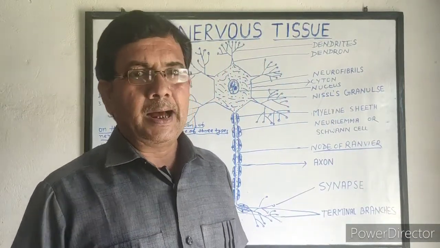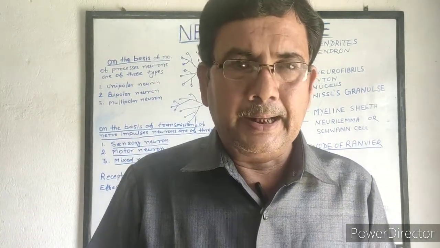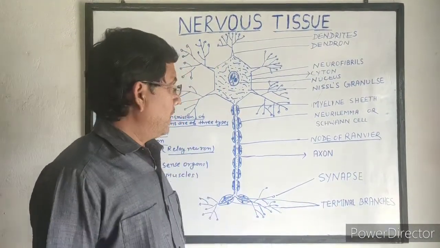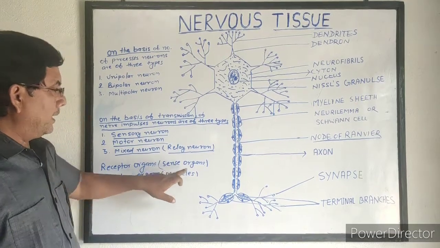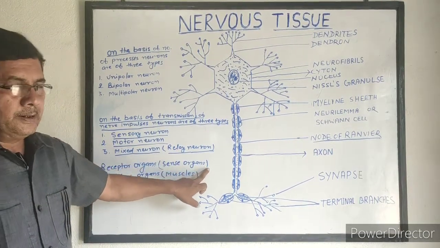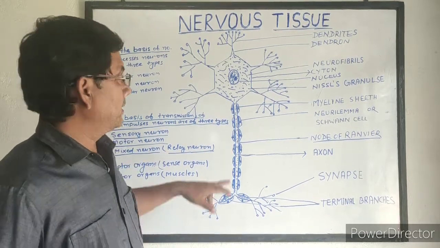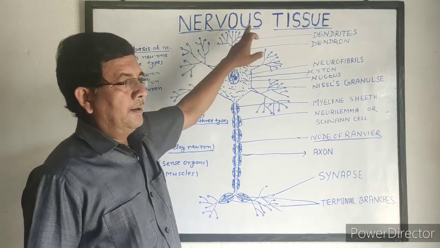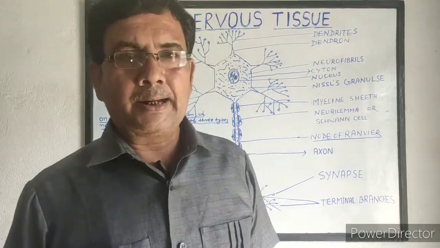How are the nerve impulses transmitted in a neuron? Nerve impulses are transmitted in the form of mild electric current. How is it produced? See here, first of all, the receptor organ, that means sense organ, receives the stimuli, that is, change in the environment. This stimulus is received by the dendrites. Now, in the dendrites, some chemical changes occur.